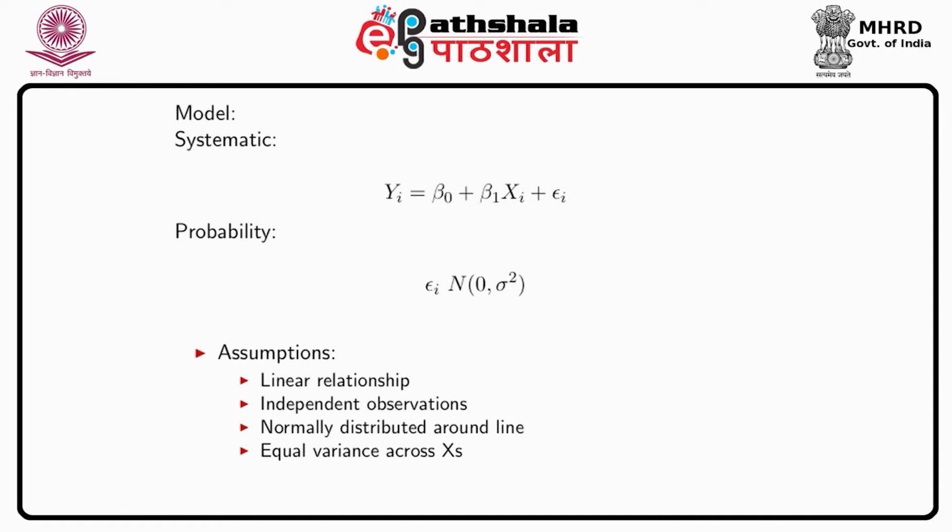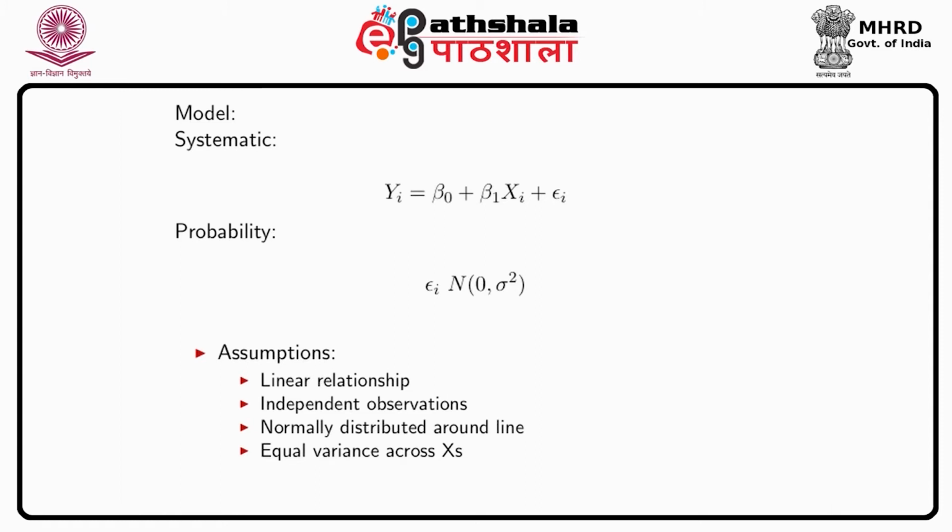The first assumption is that there is a linear relationship that exists between the x and the y. And also we assume that the observations that have been taken from the population are independent of each other. This is also one of the assumptions for fitting a linear regression model.